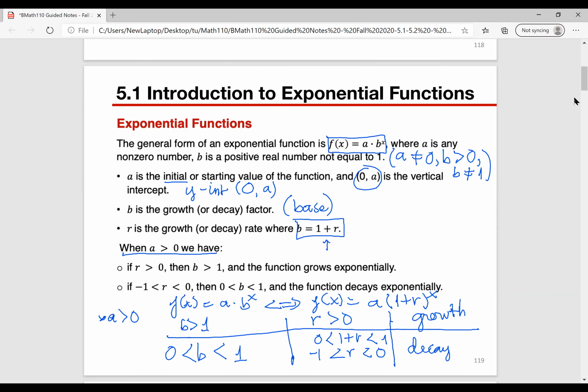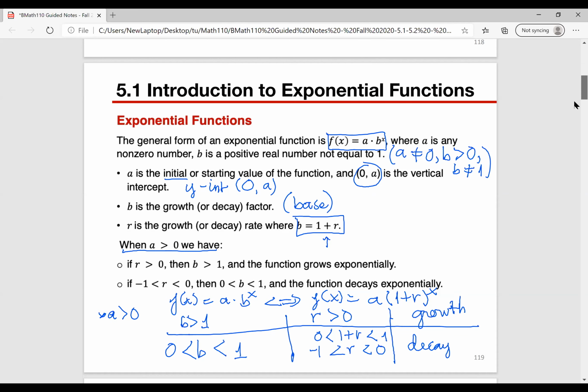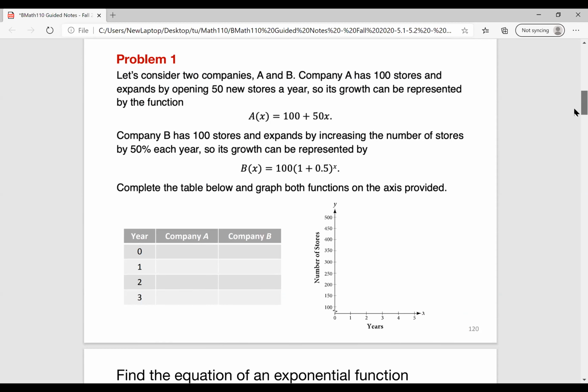So let's move to the next page. Okay, so we have an example.